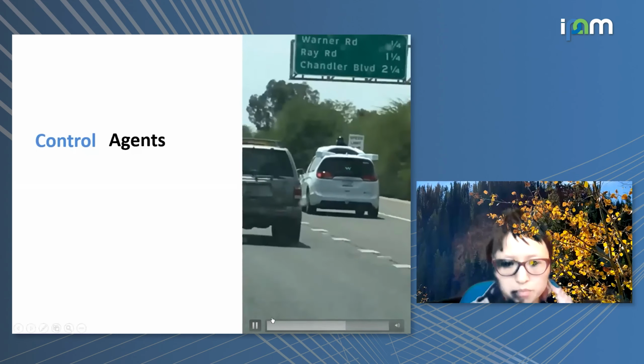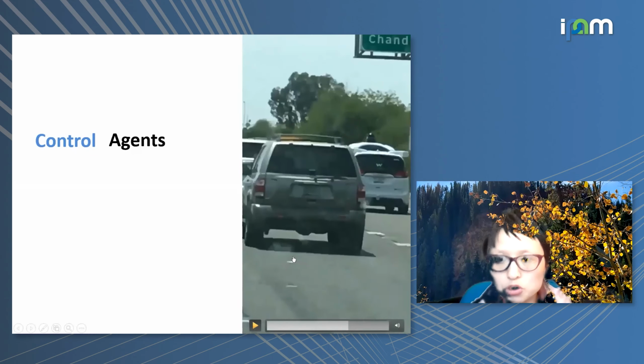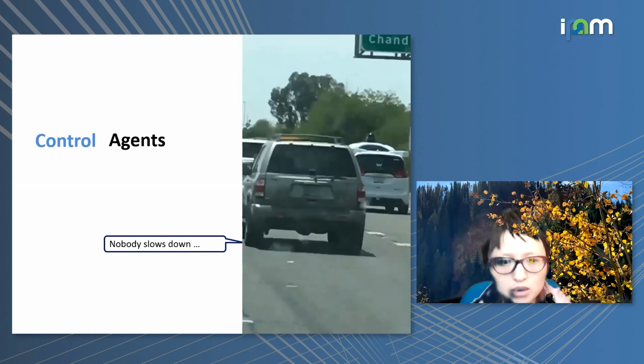Basically, I want to pinpoint two important messages here. If we control AVs in the future using just a simple control mechanism, it may not be simple, but it doesn't understand human interaction or intention.